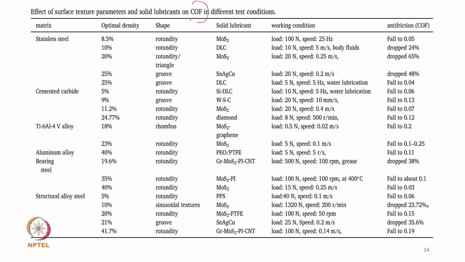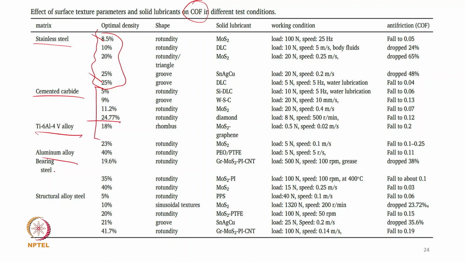Now there is a huge literature, many papers are there. I'm just trying to show here particularly for coefficient of friction. For stainless steel, they have mentioned the optimal density of the surface structure varying from 8.5% to 25%, for cemented carbide again 5% to 24.47%.